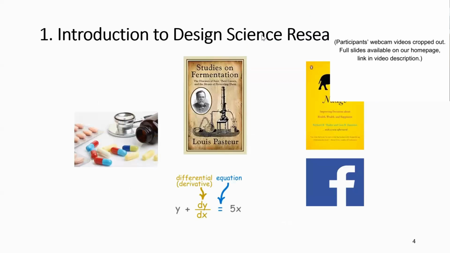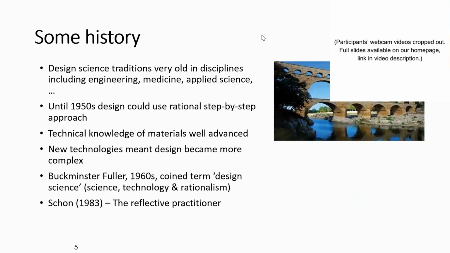An introduction to design science research. There's all different sorts of knowledge and different disciplines that use something like a design science approach. And really the sort of work that's done is very old. It's been around forever, especially in engineering and medicine and applied science.